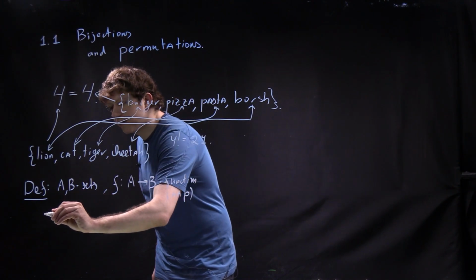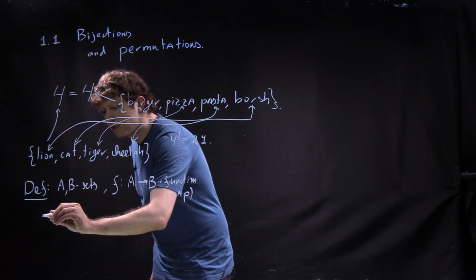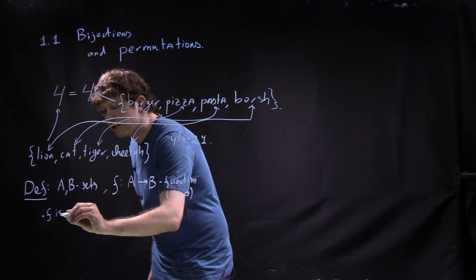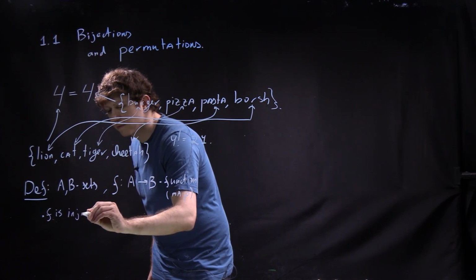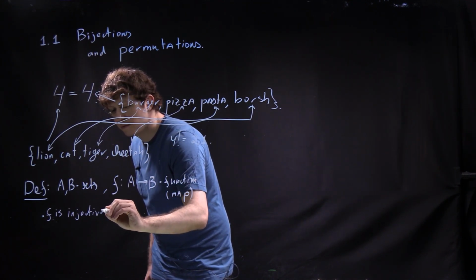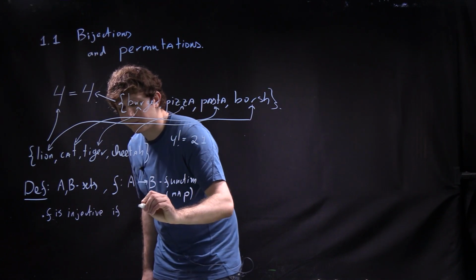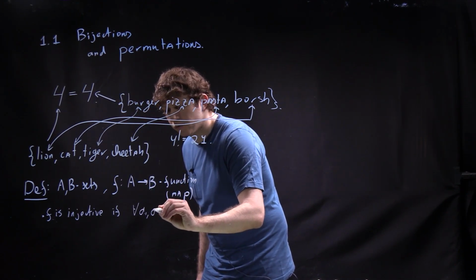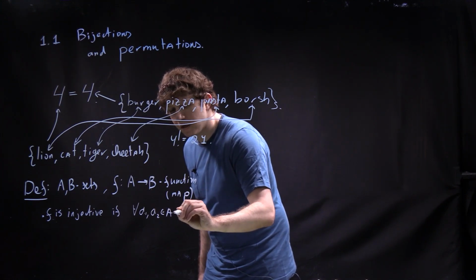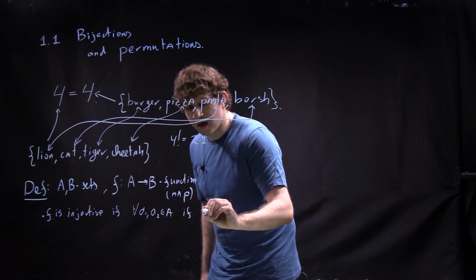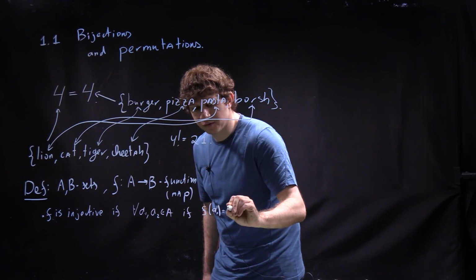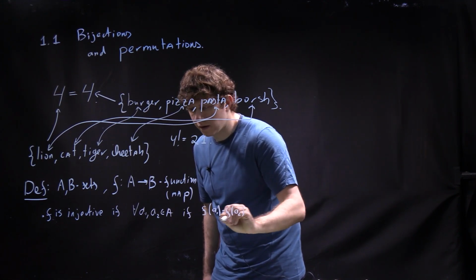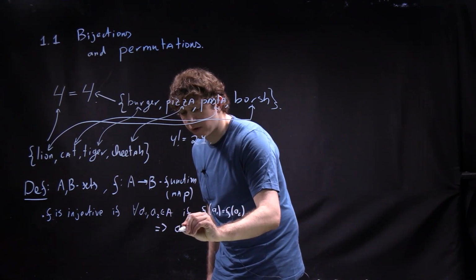And then there are 3 important definitions. f is injective if for any 2 elements a1, a2 in A, if f of a1 equals f of a2, then a1 equals a2.